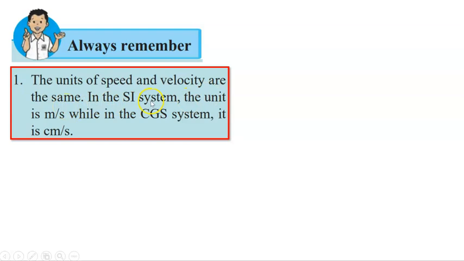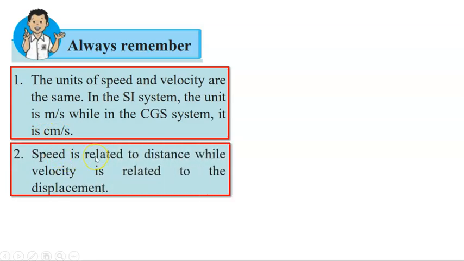In the SI system the unit is meter per second, while in the CGS system it is centimeter per second. Speed is related to distance while velocity is related to displacement.